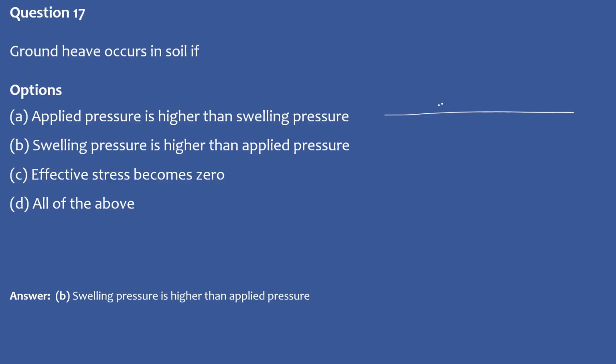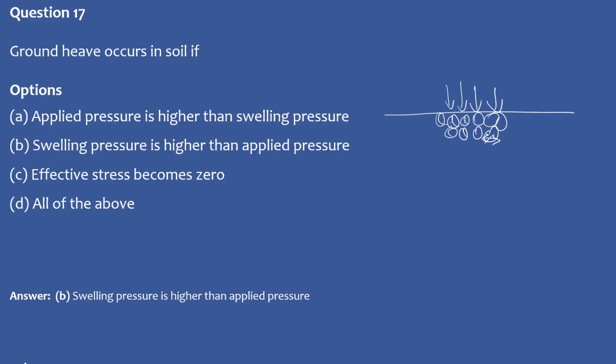So let's say this is the ground, and you are applying some external load, and your soil is not capable of swelling up. These soil particles are not able to swell up like this, so this phenomenon is not happening.